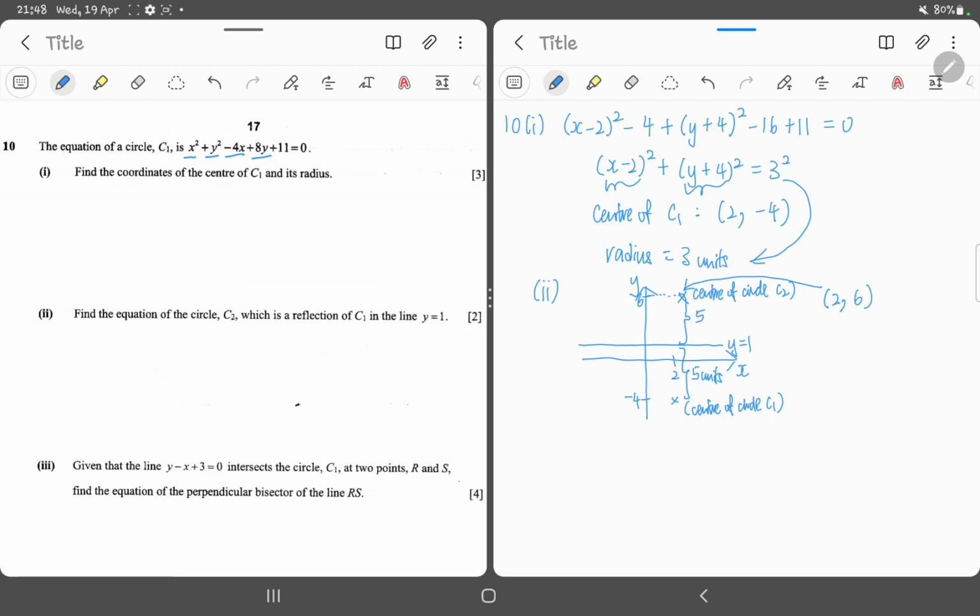And from this, we can find the equation of the circle C2, and we know that it has radius 3 units. Based on the center of the circle C2, the equation of the circle C2 is x minus 2 squared plus y minus 6 whole thing squared equals 3 squared. And we are done with 10 part 2.